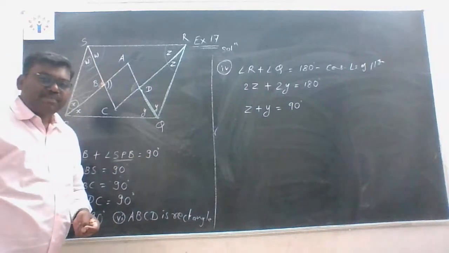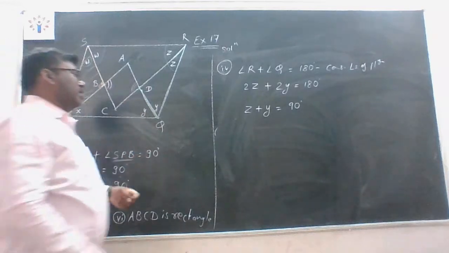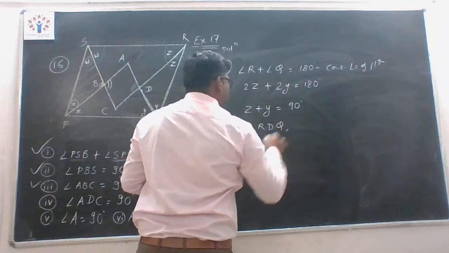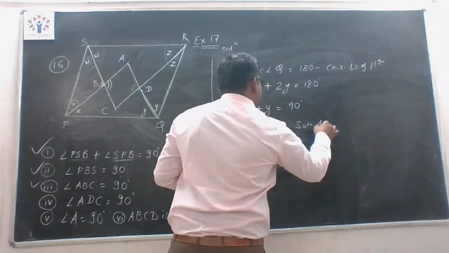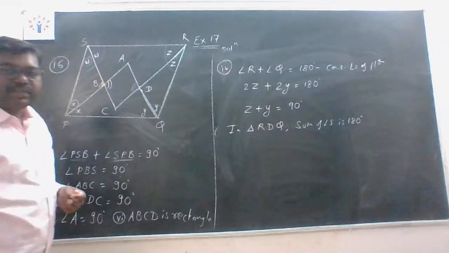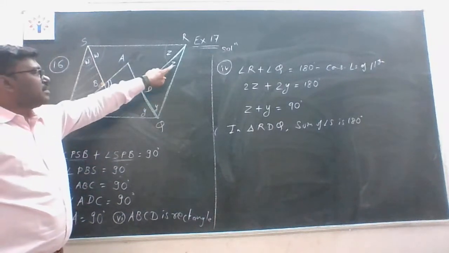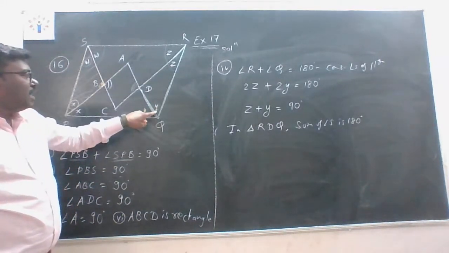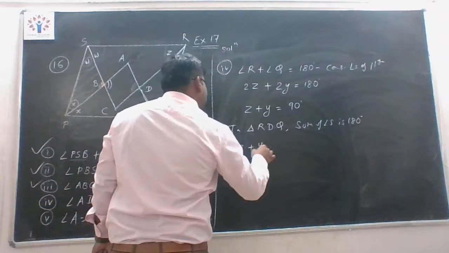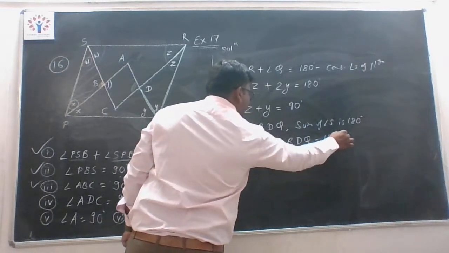Now again we will apply the same procedure that we applied in the first three parts. Take the triangle RDQ. In triangle RDQ, the sum of angles is 180 degrees. Correct? So which three angles are here? Z plus Y plus angle RDQ equals 180 degrees.